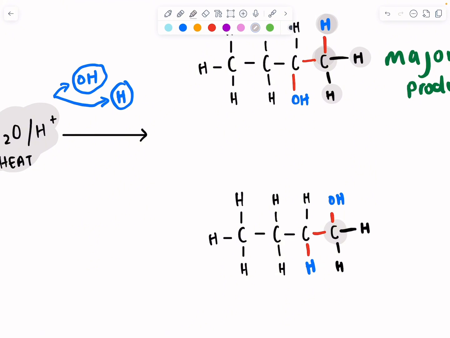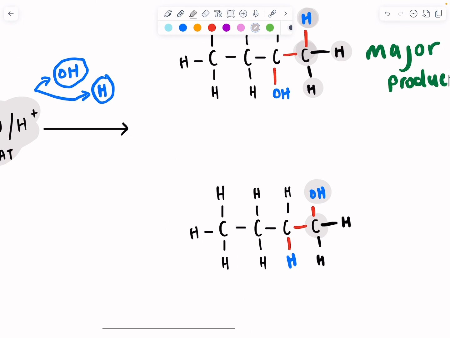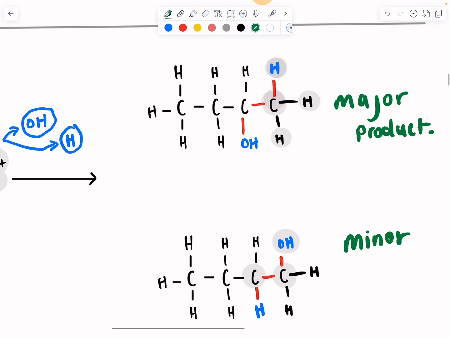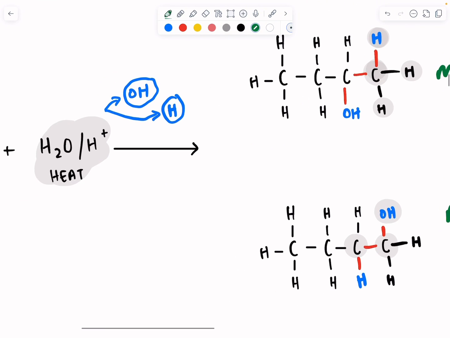Did it gain another pure hydrogen atom? No, it gained an OH. So the rich carbon did not get richer. Instead, the hydrogen went to the poor carbon. And so that's why this is the minor product. You only form the major product when the rich carbon in the double bond gets richer in the addition reaction.